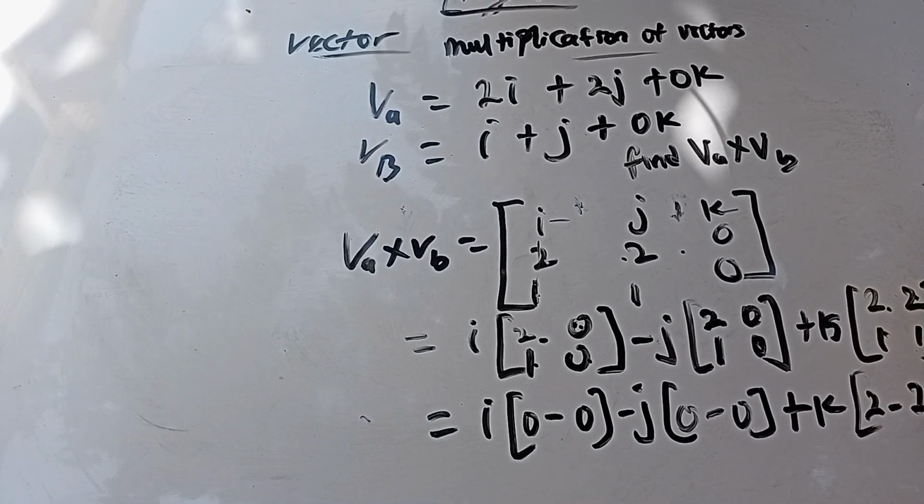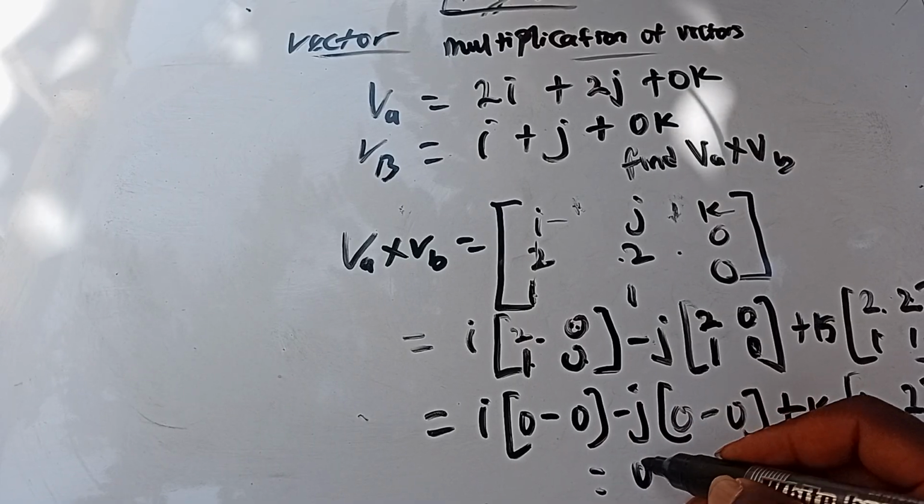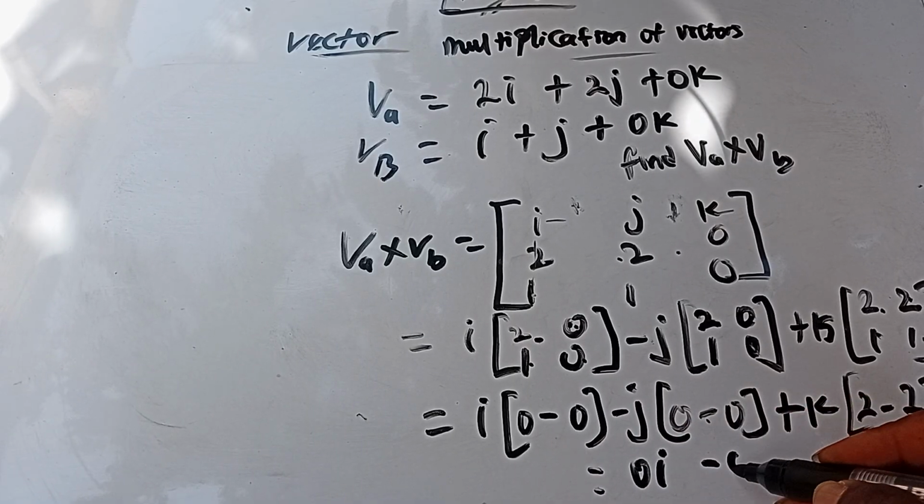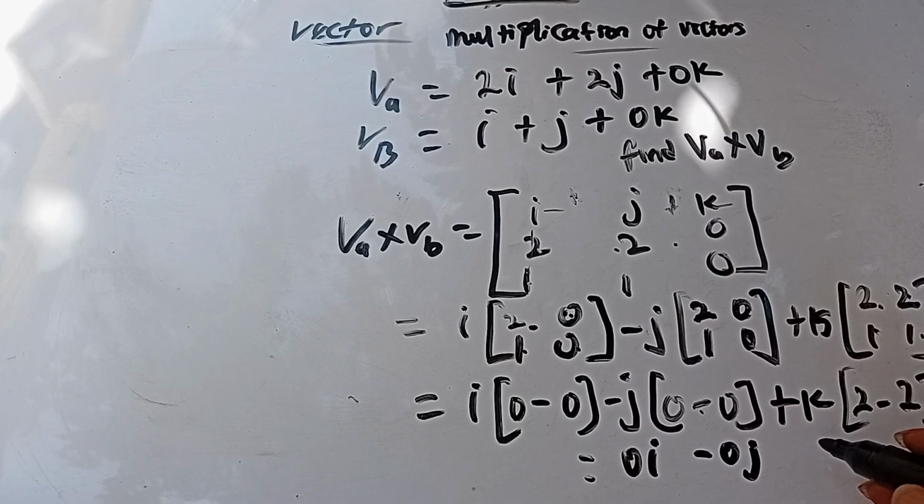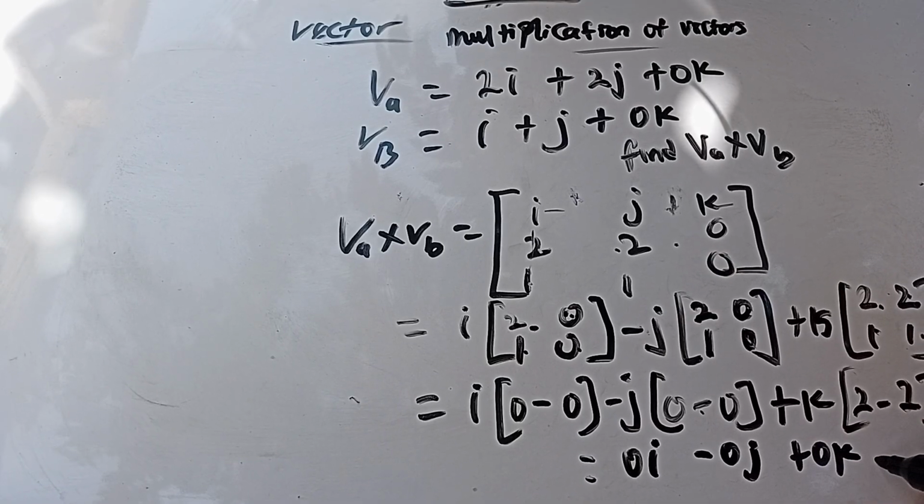Are we together? So what do we have left? We have 0i minus 0j, 2 minus 2 is 0, plus 0k.